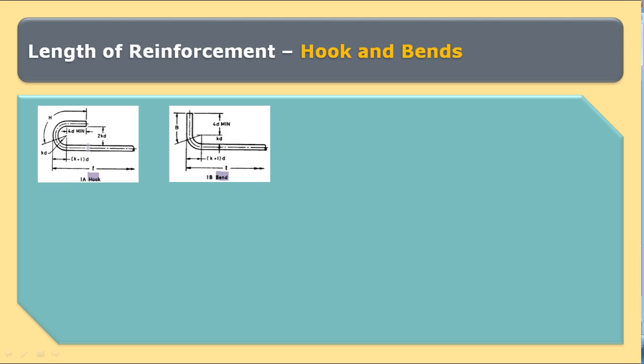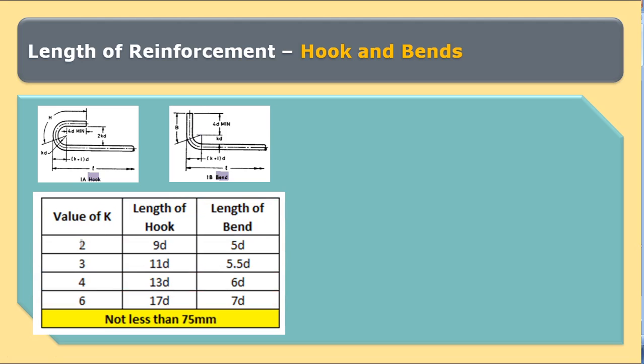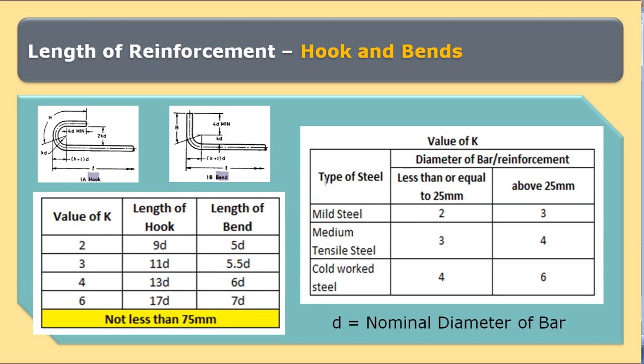The length which has to be added to the straight bar length for hook and bend depends upon the value of K, where K depends upon the type of steel or the type of reinforcement. For mild steel having diameter of the bar less than 25 mm, K is equal to 2.